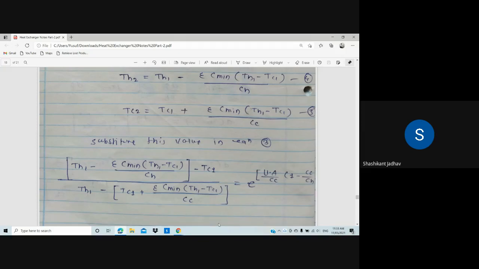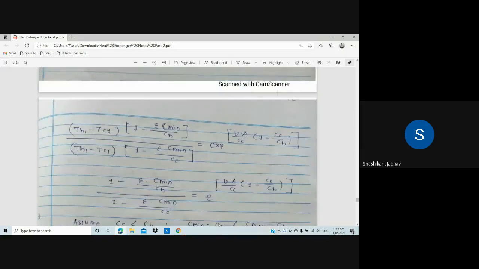Okay, then do the simplification on this equation. So by simplification, next we have to take Th1 minus Tc1 into one bracket. So write down Th1 minus Tc1.